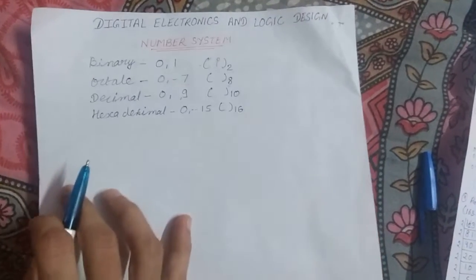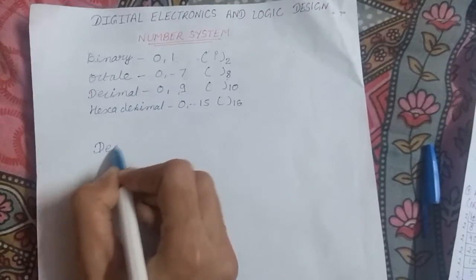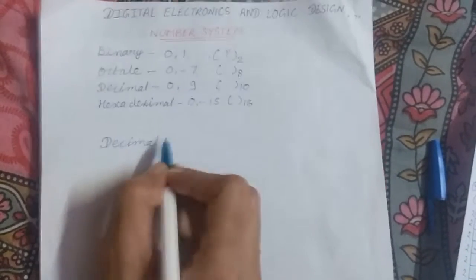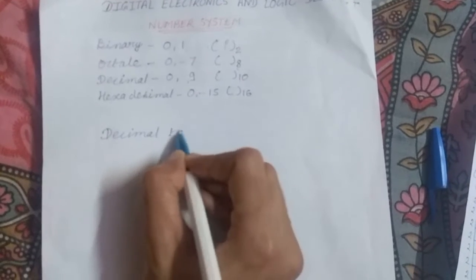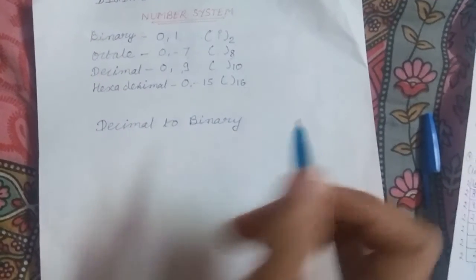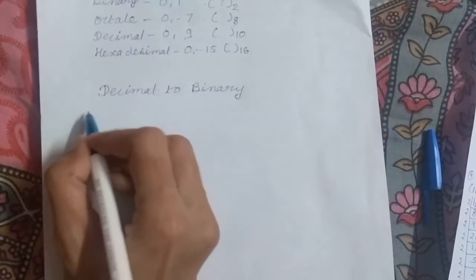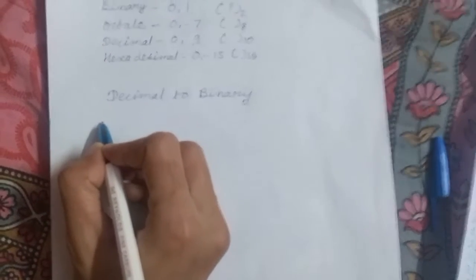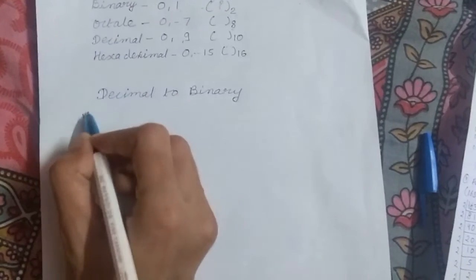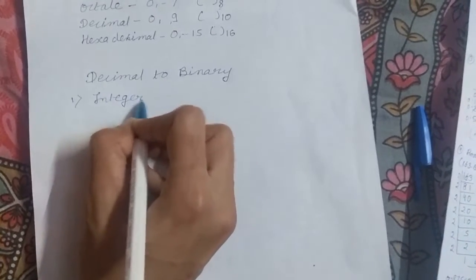First we are taking decimal to binary conversion. How do we convert a decimal number into binary? Before doing this, let's understand two things. First one is the integer number.